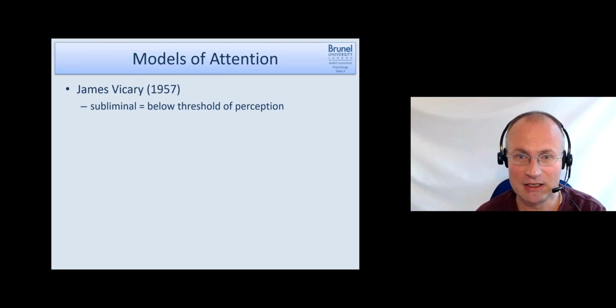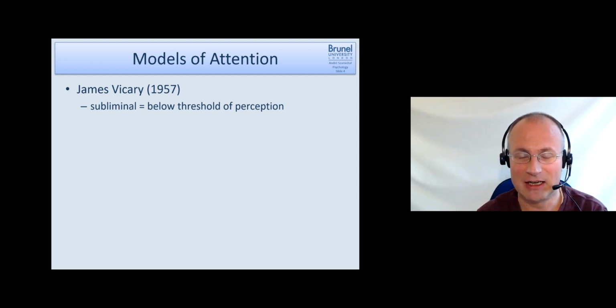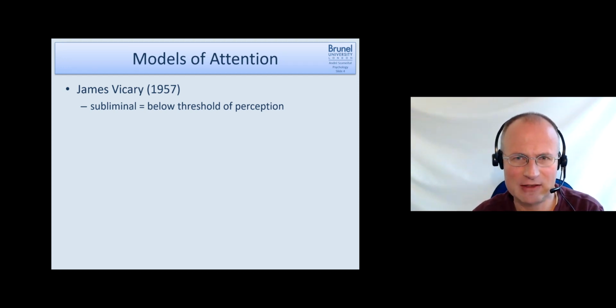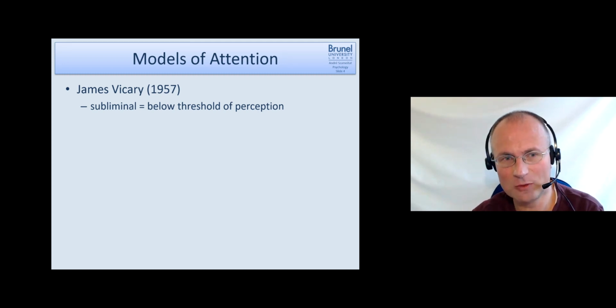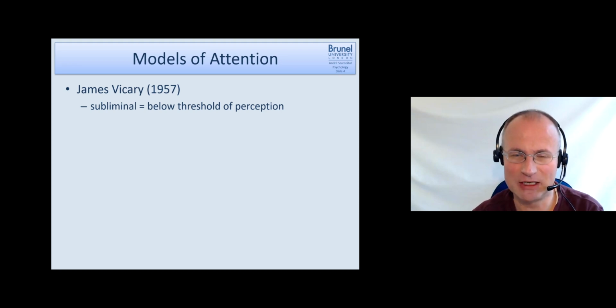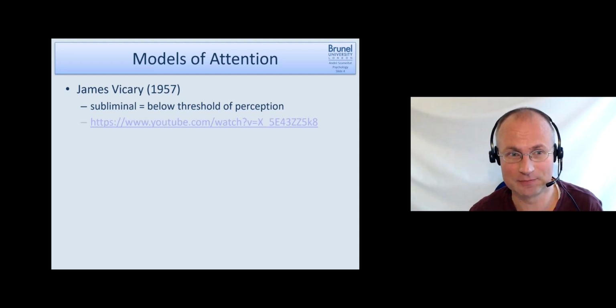In vision, you can have a bright stimulus and we can make it less and less bright until people would say, no, I haven't seen anything, although technically there was a stimulus which radiated some light, but we just didn't consciously perceive that. Another way of creating subliminal stimuli might be flashing something so briefly that people didn't see it or report not having seen it.